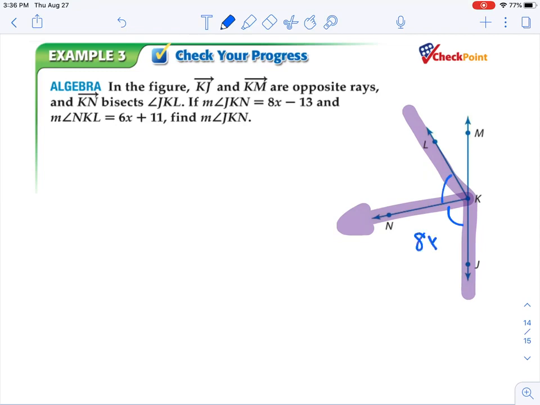So if JKN is equal to 8x minus 13 and NKL is equal to 6x plus 11, they are congruent, so they equal. So we can go ahead and solve for x by equaling them to each other.